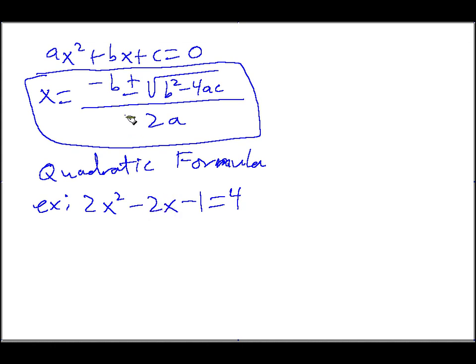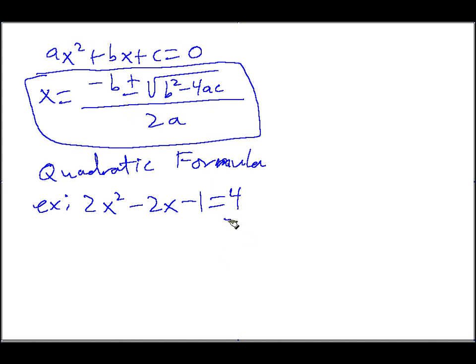I want to solve by quadratic formula now. Let's ask ourselves, is this quadratic equation in the standard form? Well, the answer hopefully is no, because the right-hand side is not 0. So you must get one side to be 0 before you apply the quadratic formula.